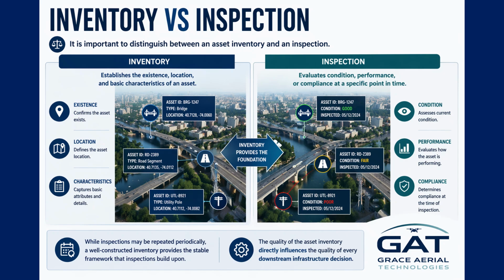And when you gather this data, you have to think about how accurate maps integrate with public works systems. Accurate maps serve as a connective layer between multiple public works systems. GIS platforms provide spatial structure. Asset management systems store life cycle and maintenance data.